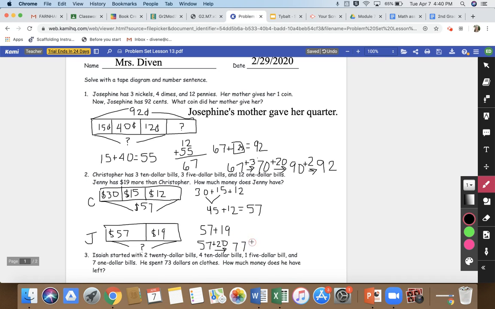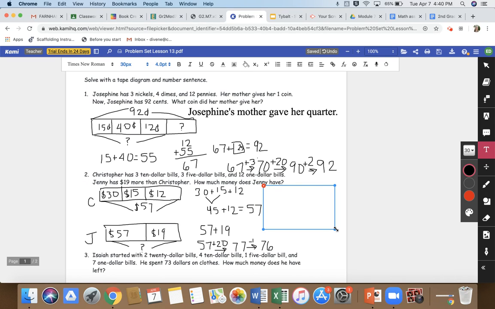And then I'm going to take away 1 because 20 take away 1 gives me 19, to give me a total of 76. Now you guys could have used the vertical method here to add these two together. Whatever strategy works best for you, but I'm just showing you one way because we're practicing with our arrow method here. So here's our total. We found our total here, and we are going to finish this off by writing that Jenny has $76.